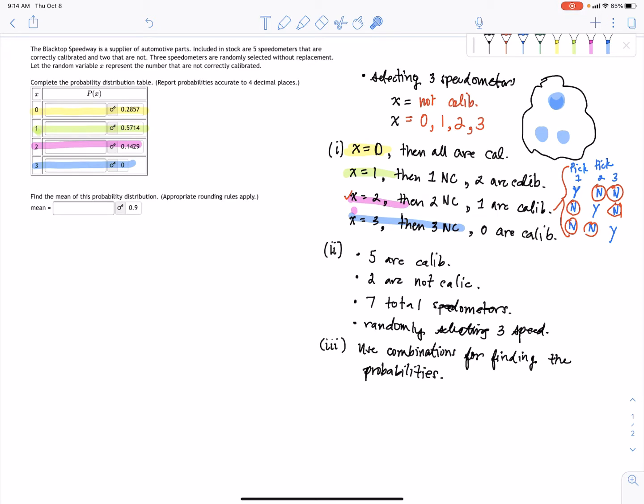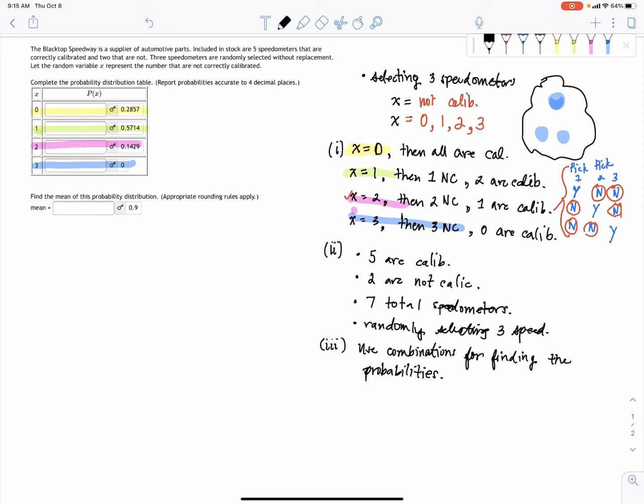But notice just from when x equals 2, we have different ways we could select the 3, in which order we get the not calibrated. So because there are many ways that we could pick the 2 that are not calibrated and the 1 that is, it's important that we realize that we can use combinations. Of course, you could use the conditional probability formula, but that would take a little bit more work and we would just want to work a little smarter, not harder.